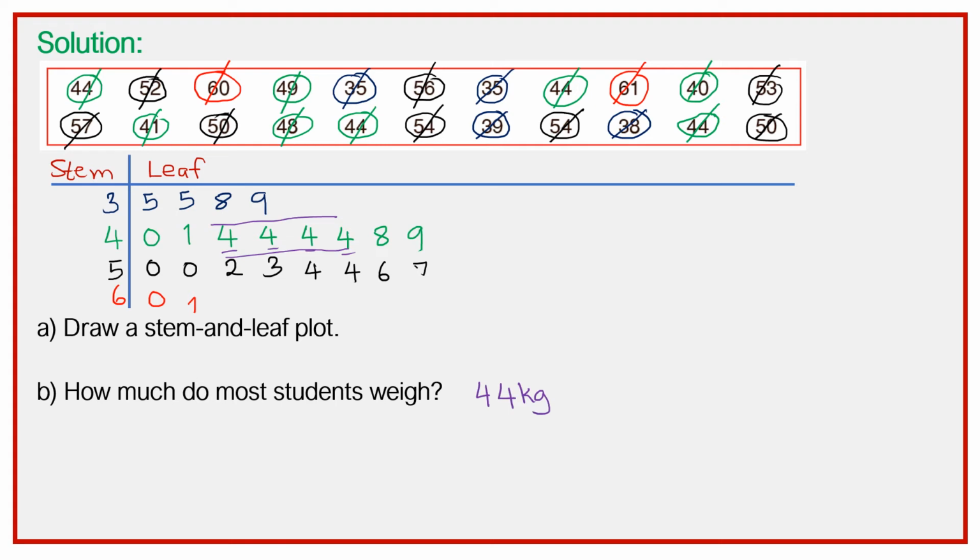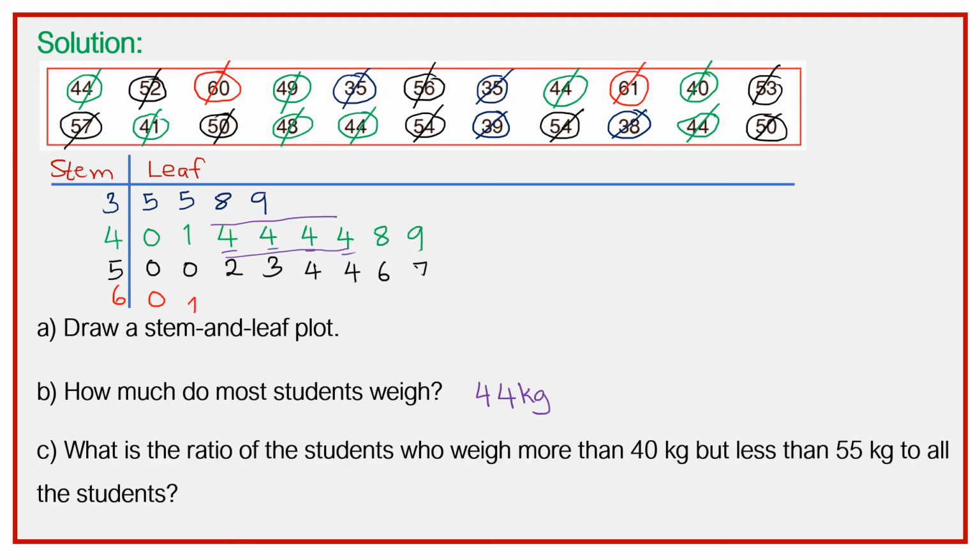Then, for part C, what is the ratio of the students who weigh more than 40 kilograms but less than 55 to all the students?